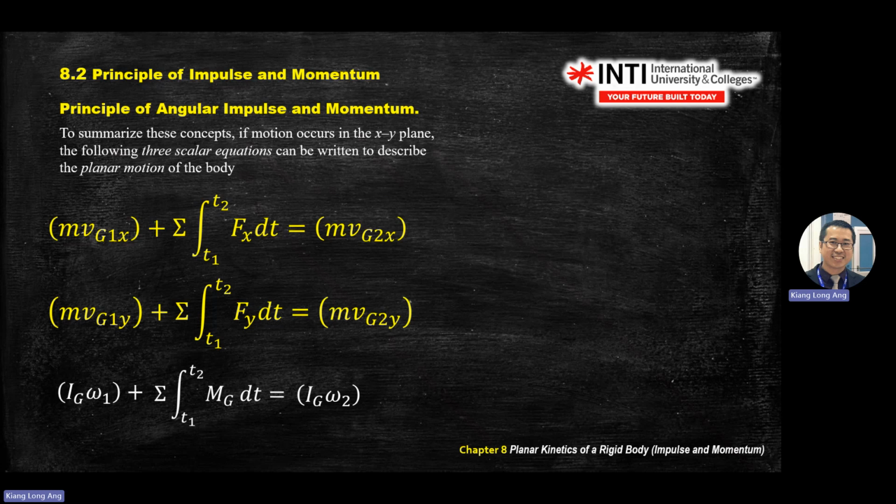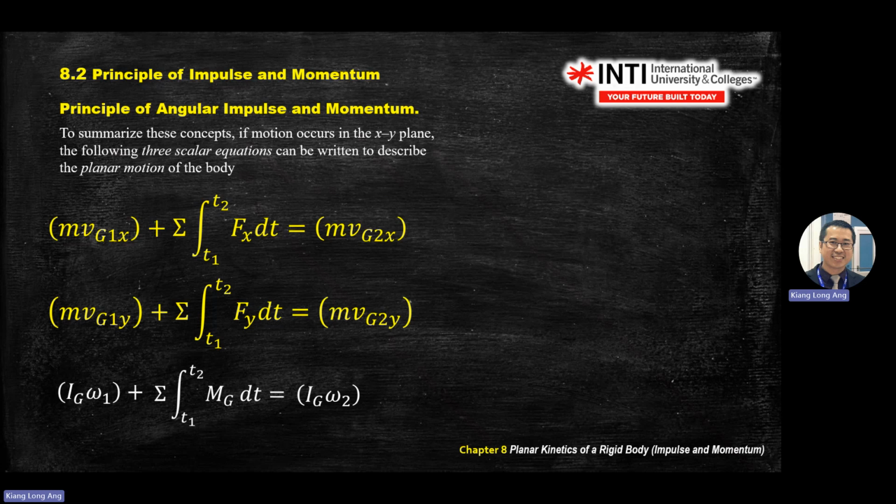So mv1 plus ∫F dt equal to mv2. And Iω1 plus ∫M dt equal to Iω2.